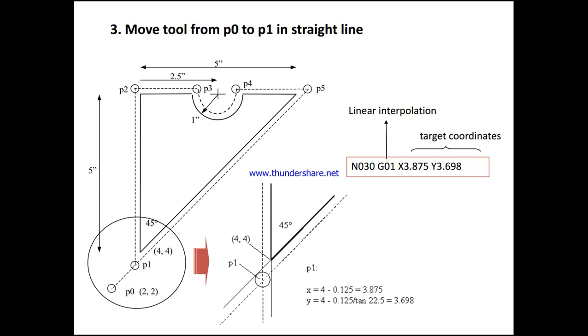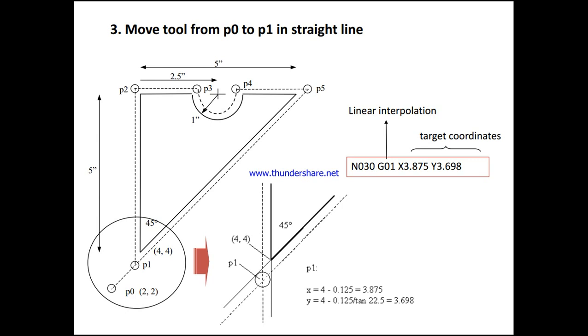So now move the tool from P0 to P1 in a straight line. P0 to P1 the tool has to move, that is with respect to P1. So here X is equal to 4 minus 0.125, that is 3.875, and Y is 4 minus 0.125 divided by tan 22.5, as he has given 45 degrees, which is 3.698.